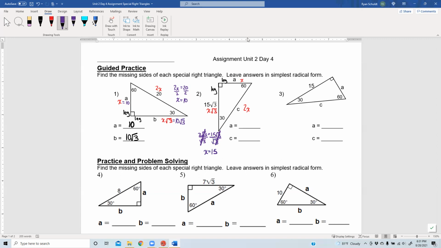Ooh, I know x. x is 15. So 2x is 2 times 15, which is 30. So A has to be 15, and then C has to be 30.